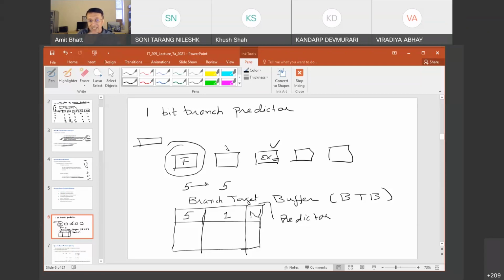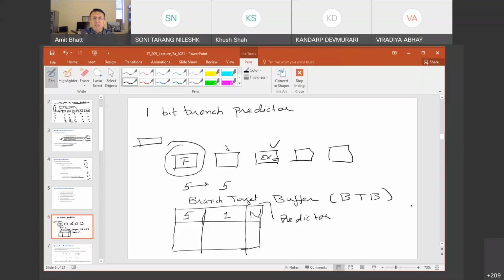Now, understand one thing. When I ask you for a prediction accuracy, I would tell you that it is a loop which is taken a very large number of times. This particular choice of words has a meaning. Because for the first iteration, it may not have the value of 5 or 1, or it would give you a wrong prediction. But over, say, 10,000 predictions, the first iteration going wrong is of no consequence, right? It's a small jitter in your result.